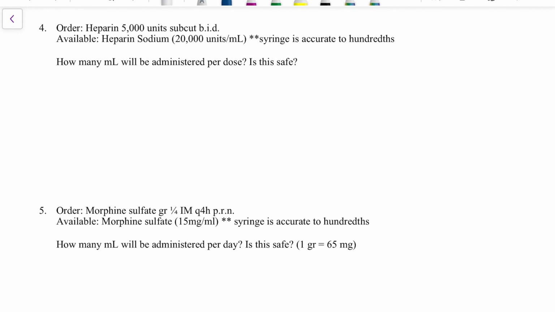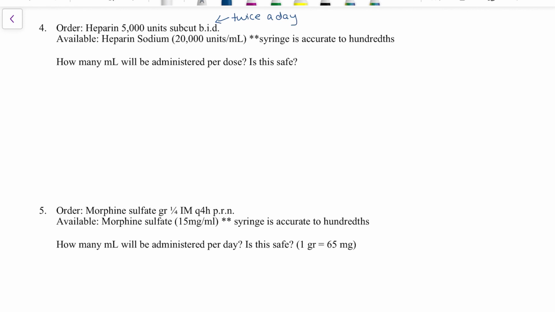Okay, so question number 4 here. We've got heparin, and we have 5,000 units subcut BID, that means twice a day. Available to us is 20,000 units per milliliter, and the syringe is accurate to hundredths.